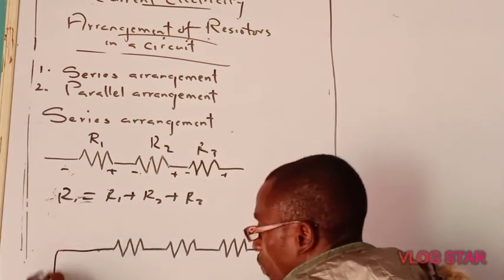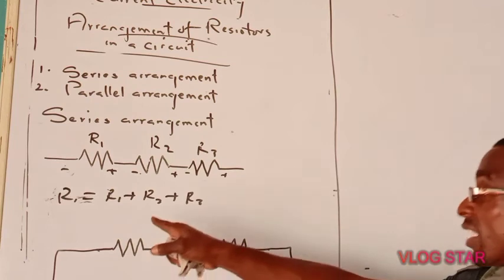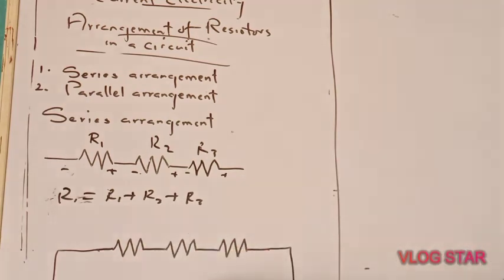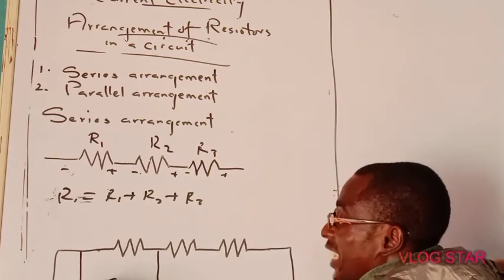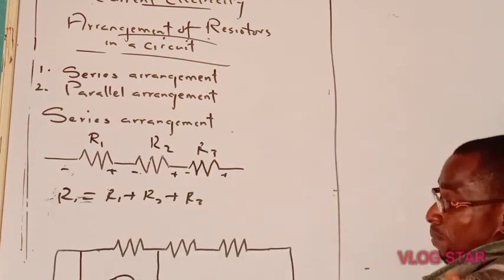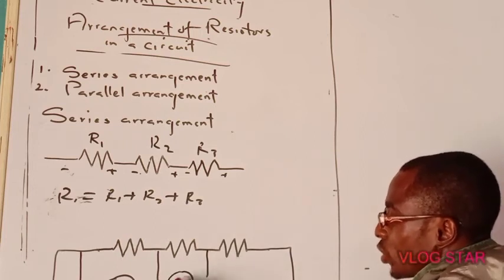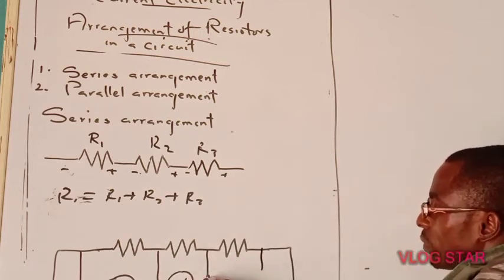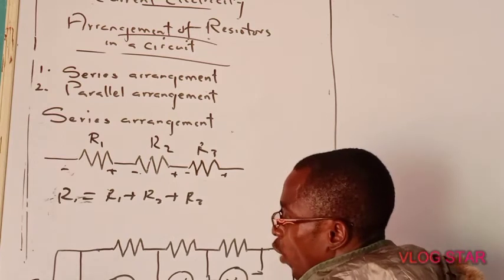Watch what I will do. This is a circuit. Whenever you connect resistors in series, the voltmeter is usually connected in parallel to each of the resistors. But the current I flows this way.